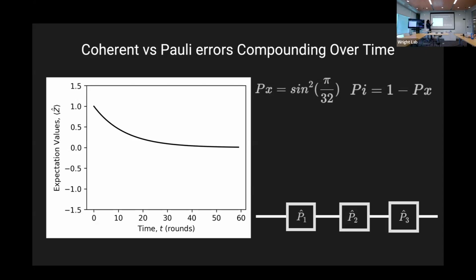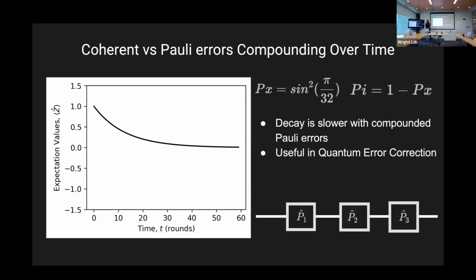If we just look at this initial stretch between rounds 0 and 10, you can kind of say that the decay is linear, which is slower than quadratic, and this is good. This is very useful and good for quantum error correction, as I said before, because we can account for that decay.